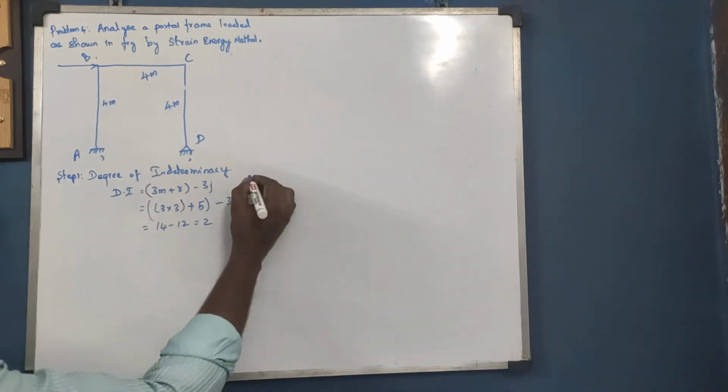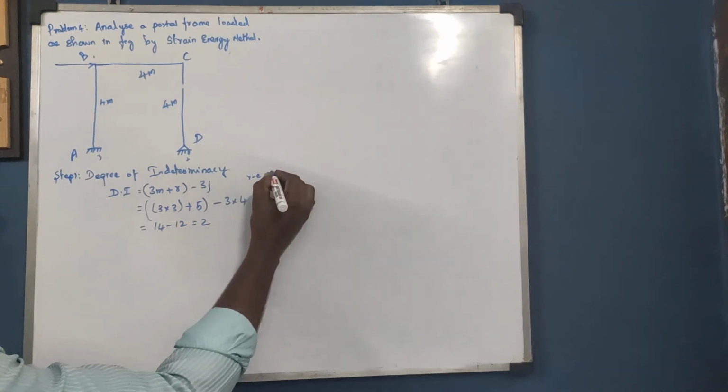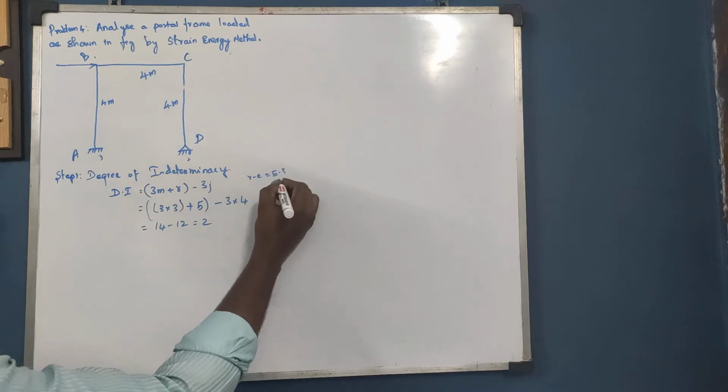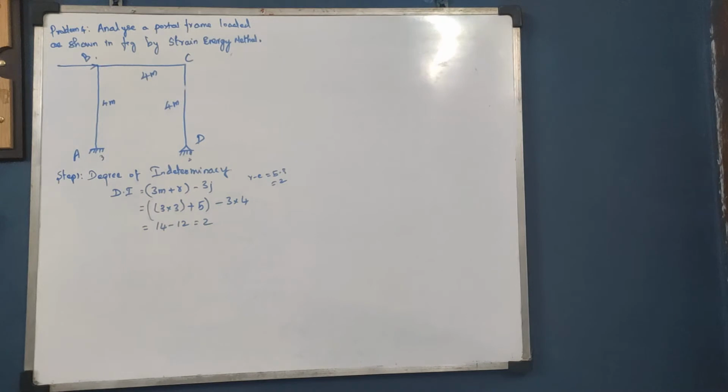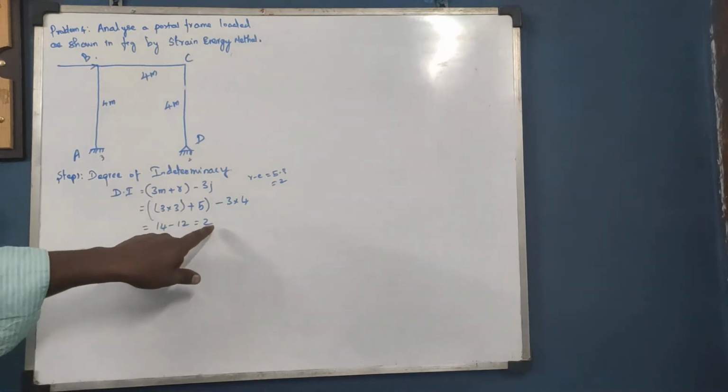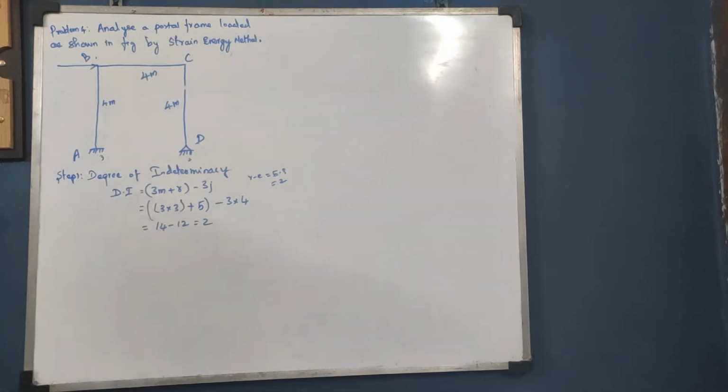Or we can use the formula r minus e equals 5 minus 3. So here we have 2 degrees of indeterminacy.